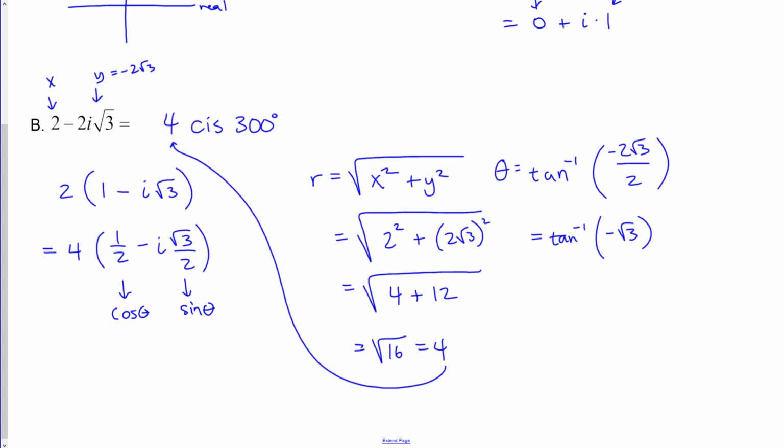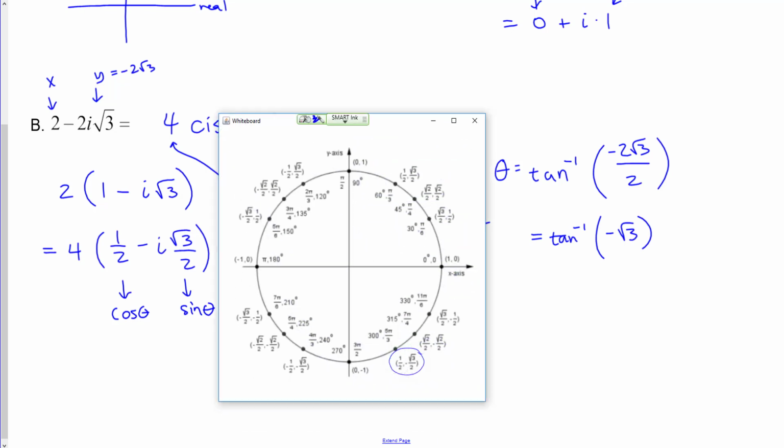To figure out -√3, we would get out our unit circle, and we're looking for where sine would be √3 over 2, cosine would be 1/2. That's how we get it to divide to the √3. They would have to be opposite in sign. So that would give me either this option or this option right here, one of those two.